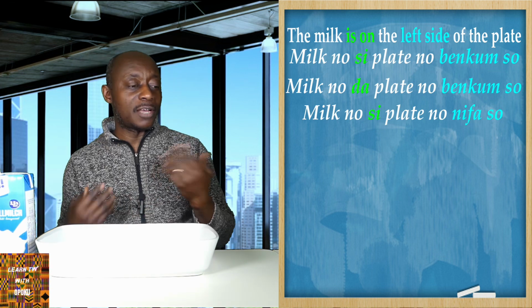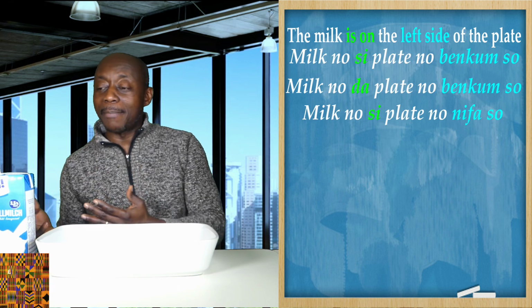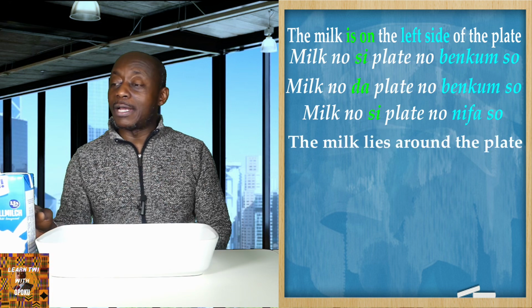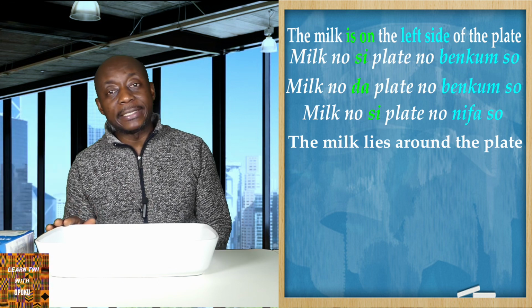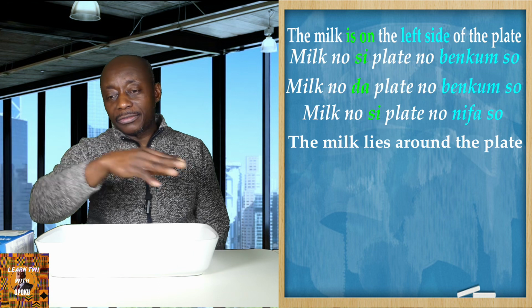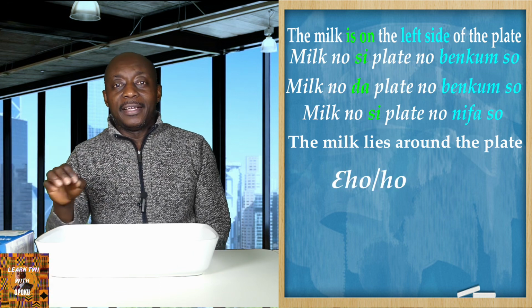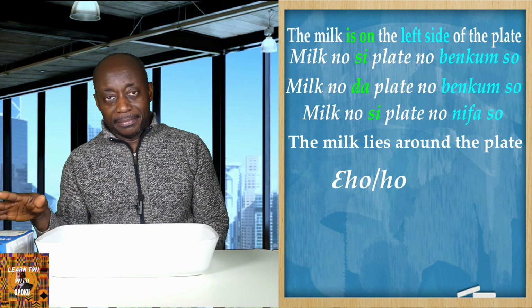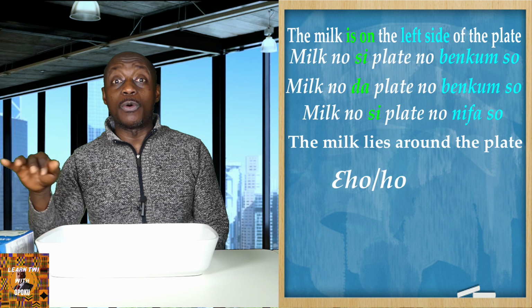Good. Instead of saying beside, in front, or whatever, someone might choose to say around. So the milk lies around the plate. Around, in Twi we say ehon. The e is just a prefix. Sometimes we do away with the e and we say hon.